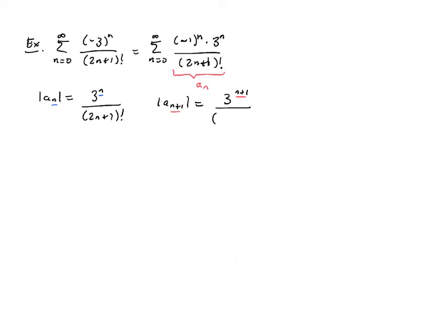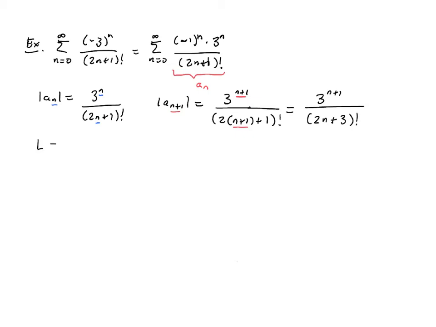And on the bottom we do 2 times n plus 1, whole thing factorial, again because my subscript n plus 1 is what goes in for n. And when I simplify this bit here, we get 3 to the n plus 1 on the top, and I get 2n plus 3 factorial in the denominator, and that's just me multiplying out that 2 times n plus 1 plus 1.